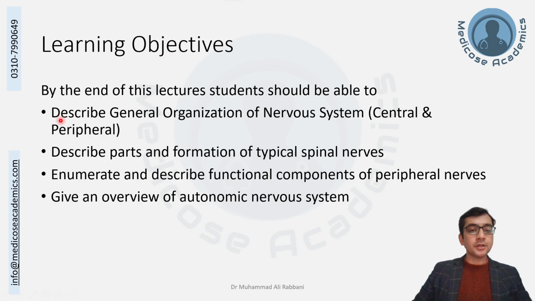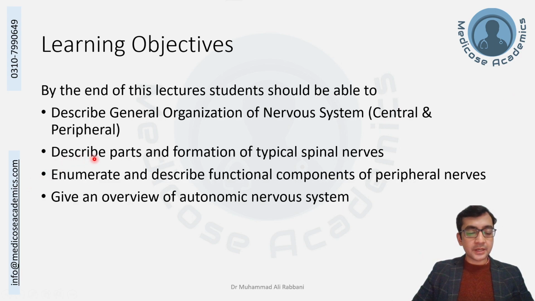By the end of this session, you should be able to describe the general organization of the nervous system. We will discuss its anatomical versus functional classification, the different parts, the different cells that are present, and the basic functions of each of them.